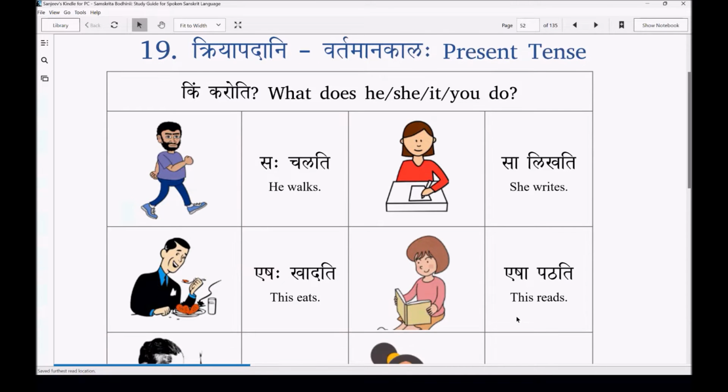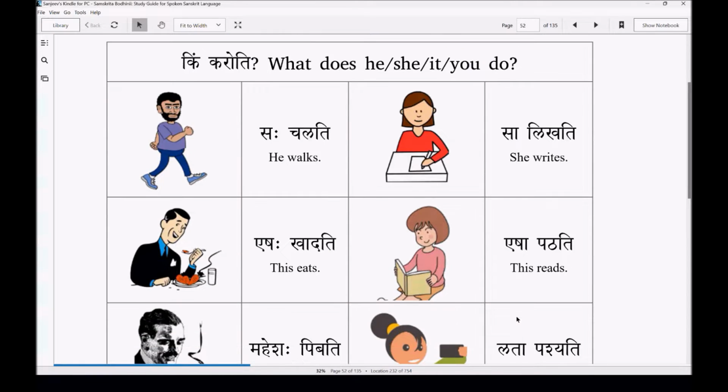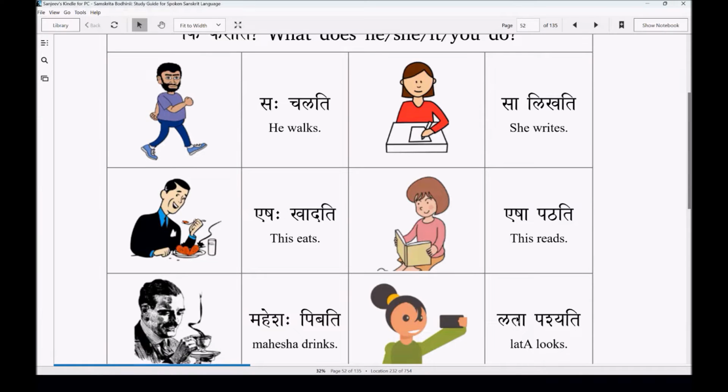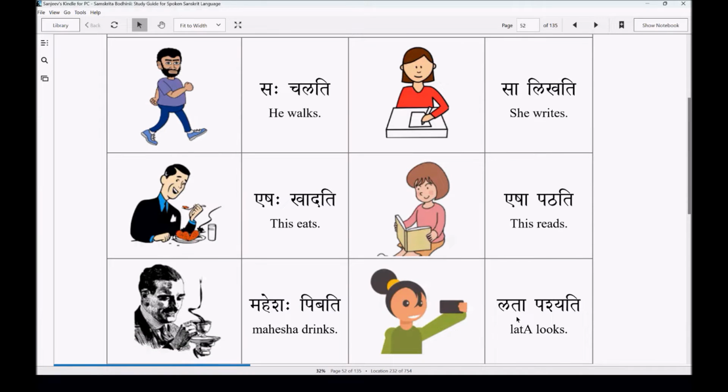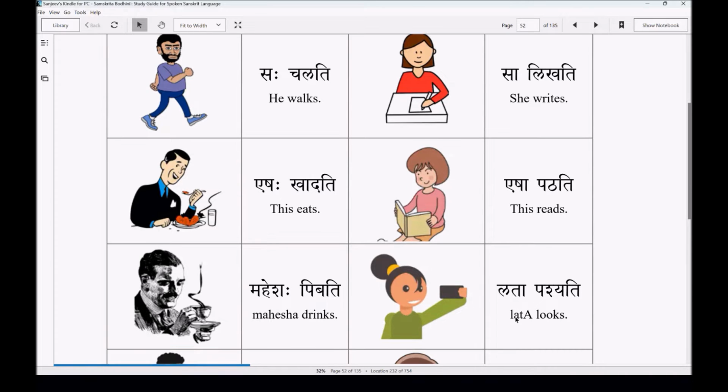Generally, this present form of the verb, does it always end with T, or maybe there can be some exceptions, Guruji? Yeah, yes, there could be different endings.